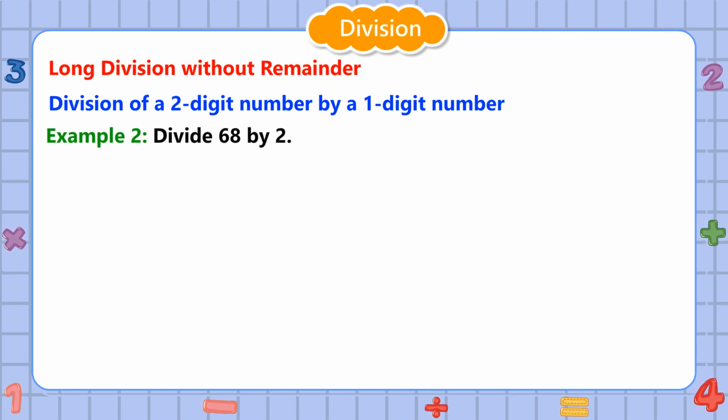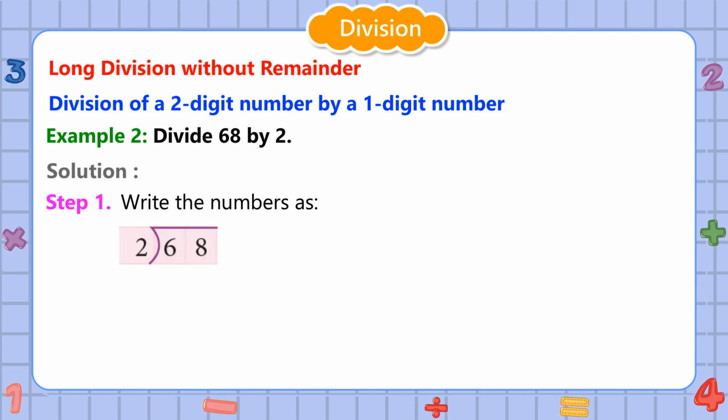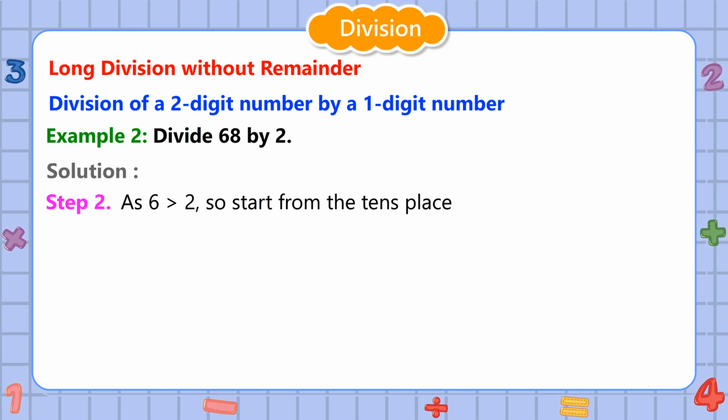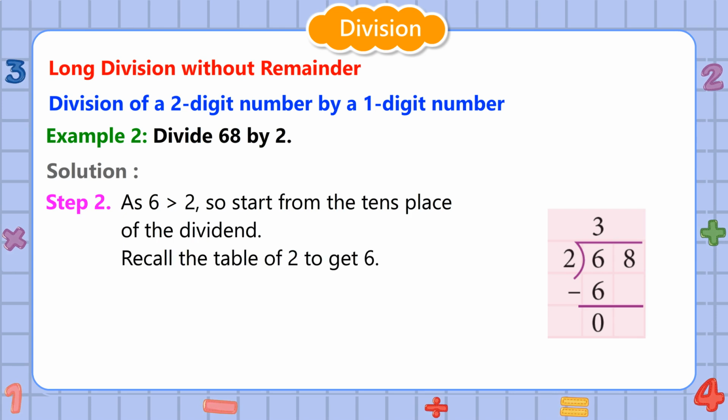Example 2. Divide 68 by 2. Solution. Step 1. Write the numbers like this. Here, 68 is the dividend and 2 is the divisor. Step 2. As 6 is greater than 2, start from the tens place of the dividend.